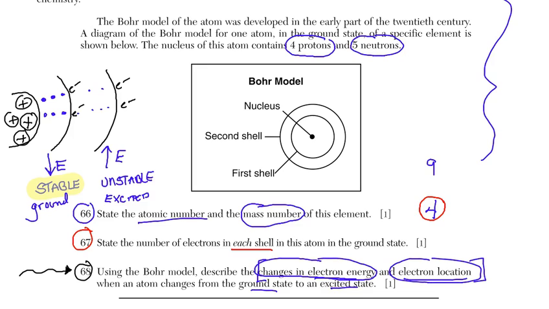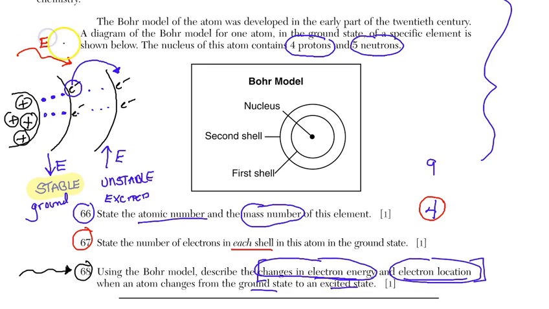So when this electron jumps from a ground state to an excited state, which means what? It must go from a lower energy state to farther away, to a higher energy state. In order to go from low energy to high energy, my friends in chemistry, you need energy.